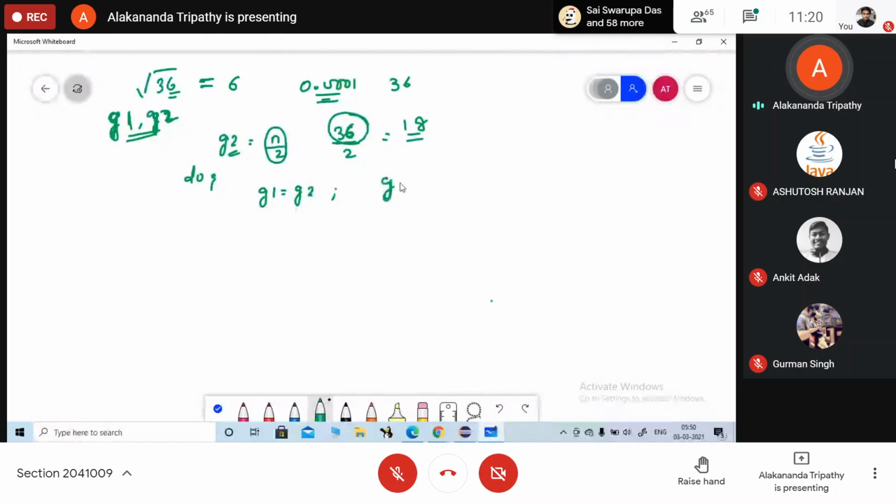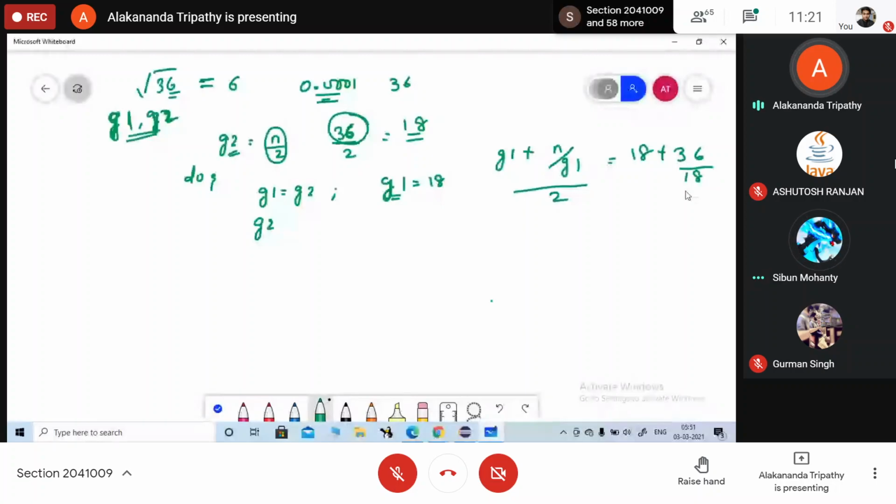G1 इज इक्वल्स टू 18. फिर हम लोग क्या करेंगे, एक नया G2 निकालेंगे. सो चेक हाउ इट इज बीइंग डन. G1 plus n by G1 whole divided by 2. तो G1 का वैल्यू तुम्हारा कितना है? 18 है. 18 plus 36 by 18, what is the new value? ये कितना आ जाएगा? Sorry, 20.